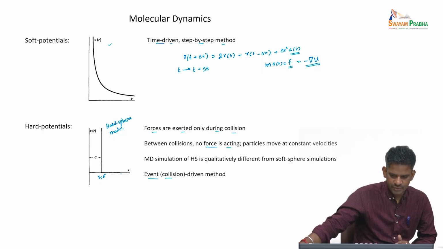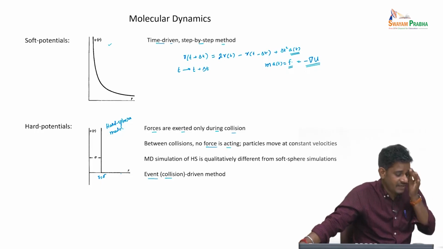The same approach cannot be used in MD simulation of hard spheres, because there is no force acting between collisions. Forces act only during the collisions. Between two collisions the particles move at a constant velocity, because the potential, as you can see here, is felt only when there is a collision and none otherwise. So it would be a waste of time taking small time steps and updating the particle positions and velocities, because the particles are moving at a constant velocity anyway.